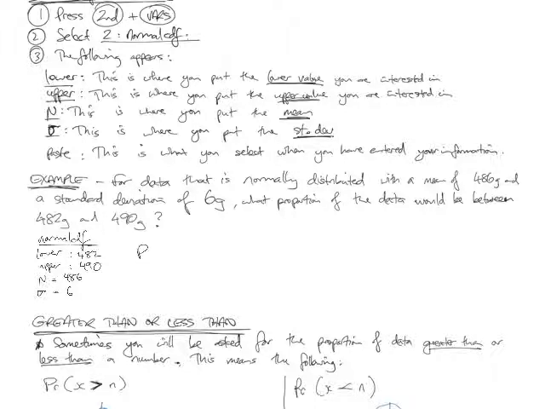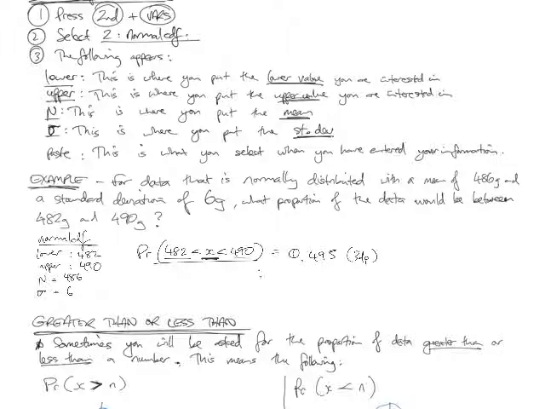Then you would write your answer as Pr(482 < X < 490). This thing in brackets is saying the proportion of the data, which is represented by X, between 482 and 490 is going to be, and once I've pressed enter, it comes to 0.495 to 3 decimal places.